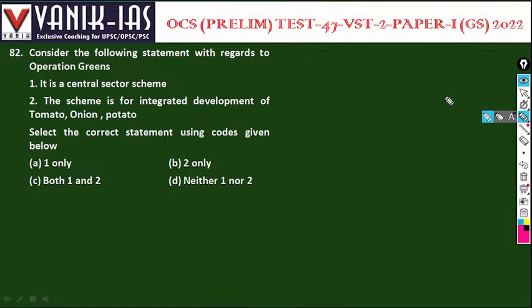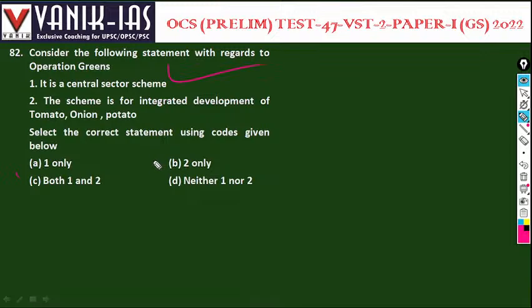Consider the following statements with regard to Operation Greens. Operation Greens is a central sector scheme.